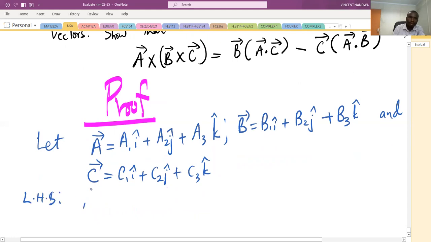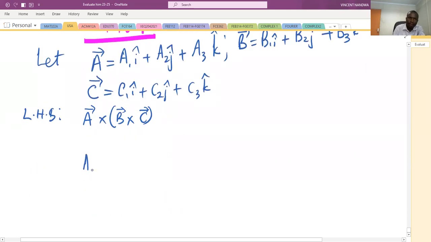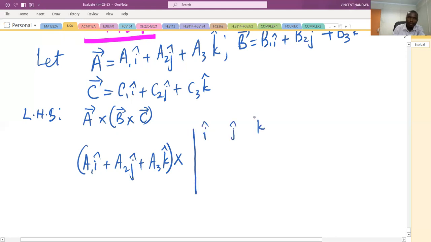We have A cross B cross C, the same as A1 i plus A2 j plus A3 k, crossed with the determinant with i, j, k, B1, B2, B3, C1, C2, C3.